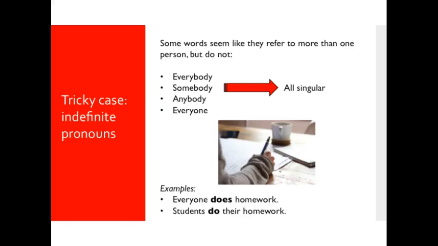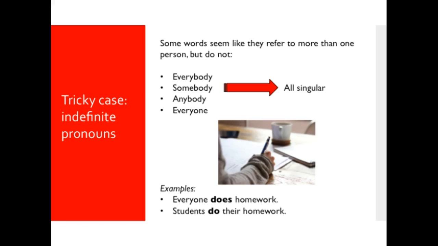Another tricky case are indefinite pronouns. So these are words that refer to sort of vague groups of people that we often use when we make generalized statements about conditions or issues. So everybody, somebody, anybody, everyone. And while these obviously in some cases refer to multiple people, they are all singular.